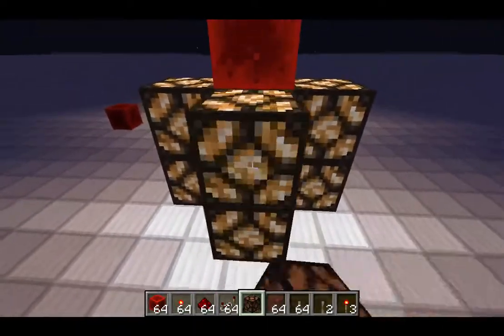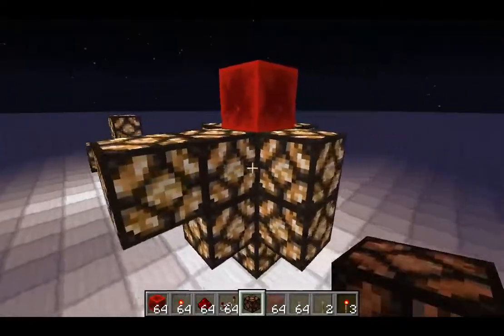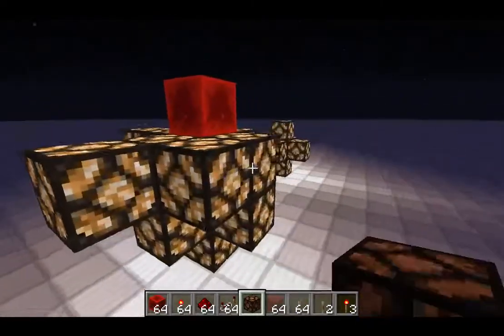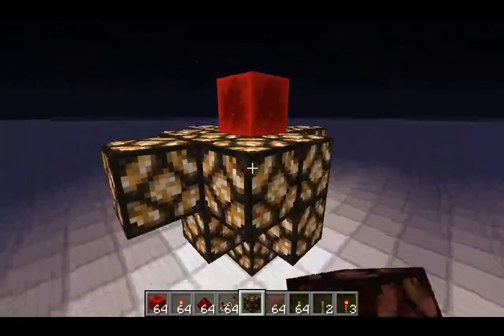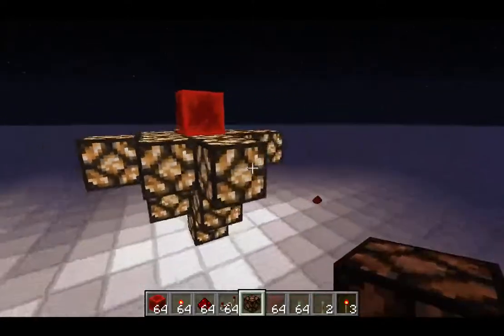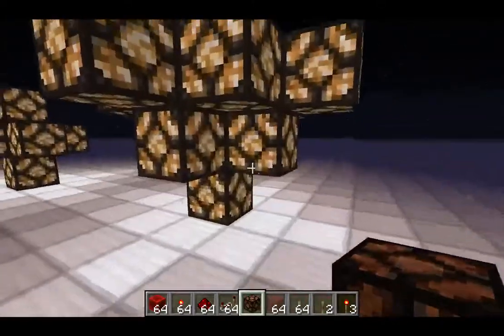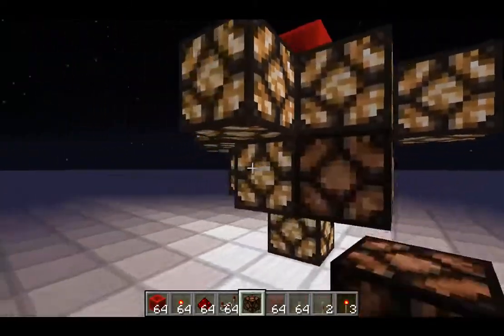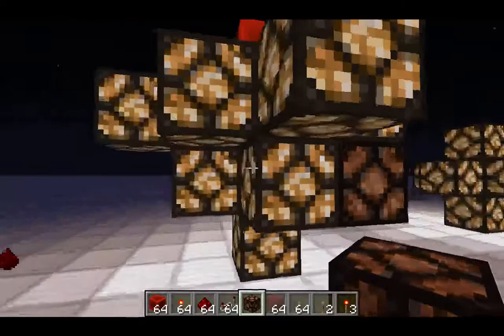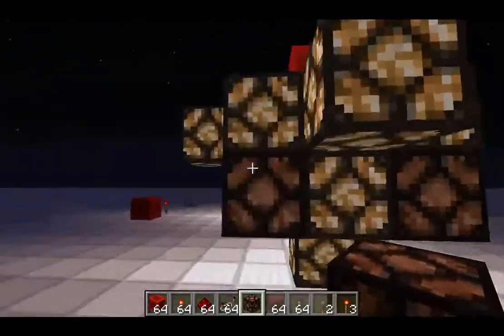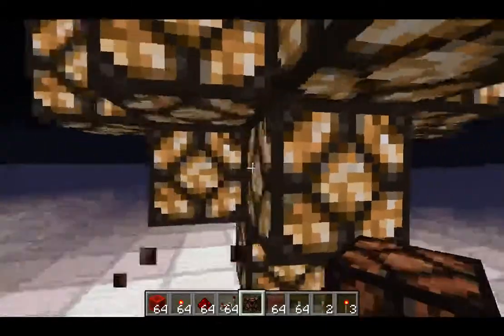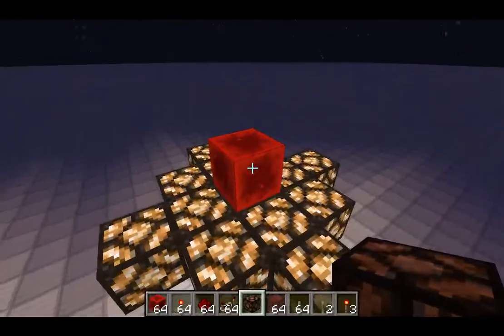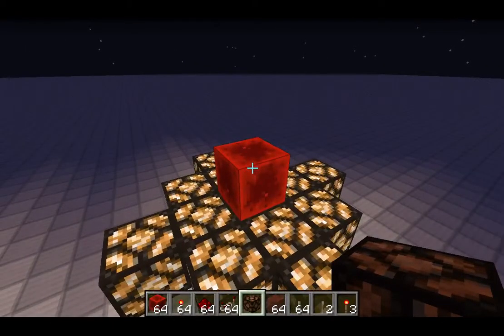So what you'll see is that I can actually go ahead and put a large number of lamps all the way around that one piece of redstone, and they are in fact being lit only by that single unfocused piece of redstone, sending 5 output signals around it from the one input signal it's receiving from this redstone block on top.